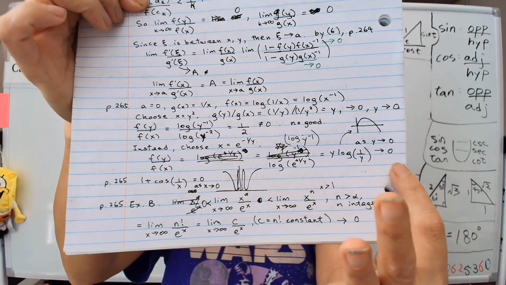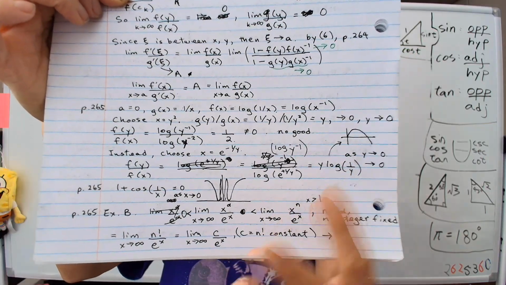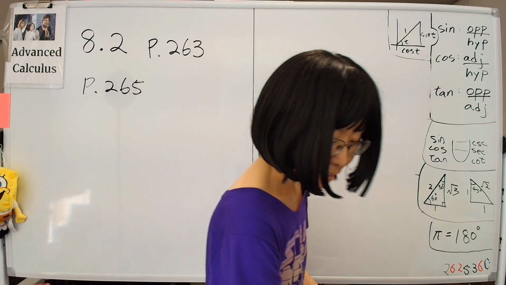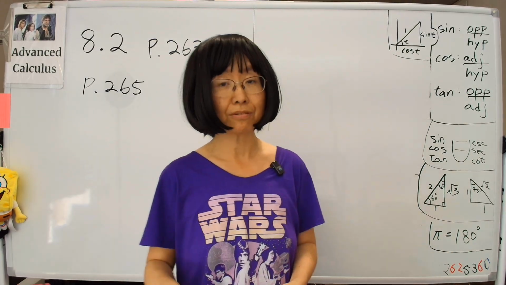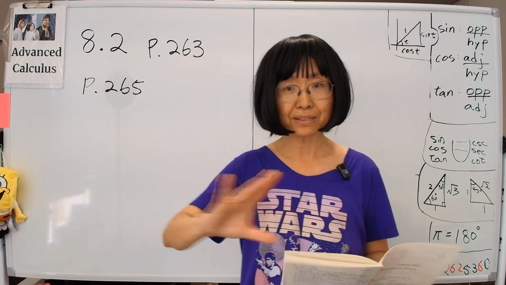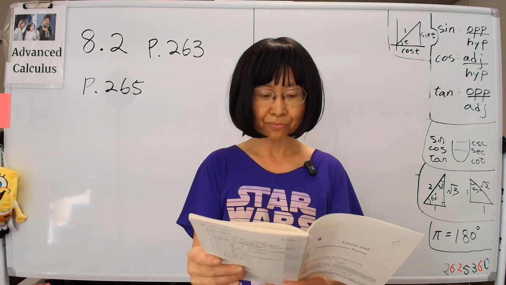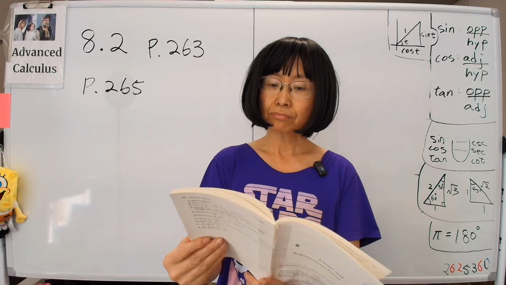Anyway, it does go to 0, and there's the graph for it. So in general, it depends on the function; we have to choose a bunch of x's and a relationship between x and y such that we can make the fractions go to 0 and get what we want.